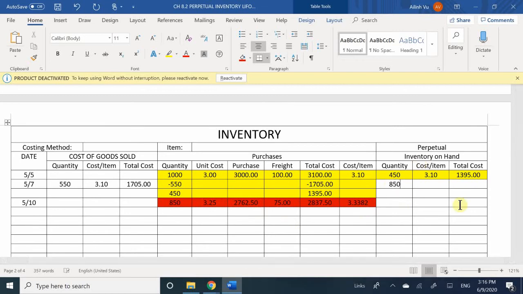We added 8.50, and it's going to cost me 3.3382, and a total of 28.3750. Actually, I'm thinking this red is too dark. I can't really see the black numbers on here.